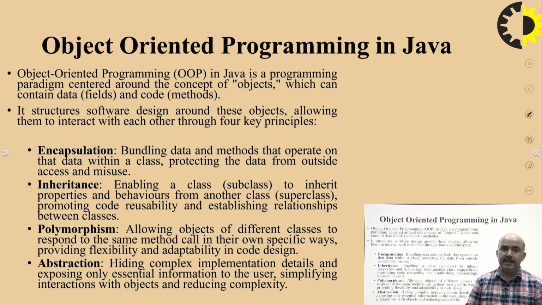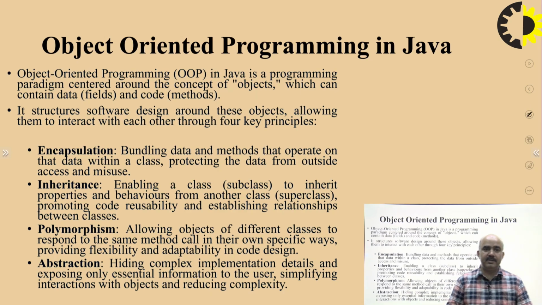Another is inheritance, in which we have a tree-like structure, with the main class, that is the superclass. Then we have various subclasses, which inherit the properties of the superclass.